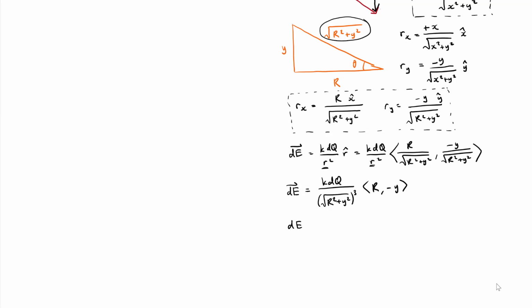Let's simplify this further. dE is equal to k dq over r squared plus y squared to the power of 3 over 2 in the direction of r negative y. And all this really means is that in the x direction, you're moving over r steps and you're moving down y steps in order to get to your r vector.